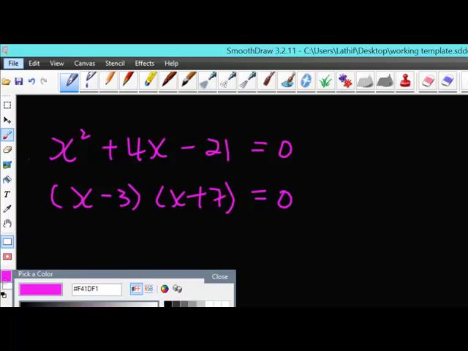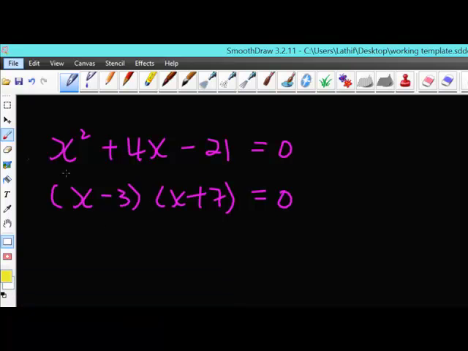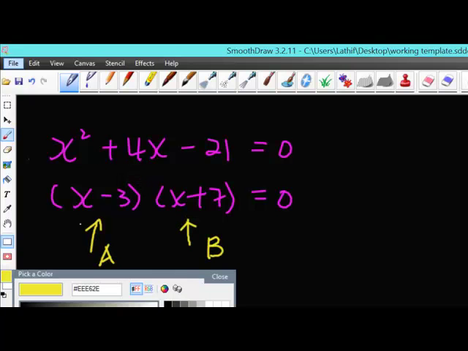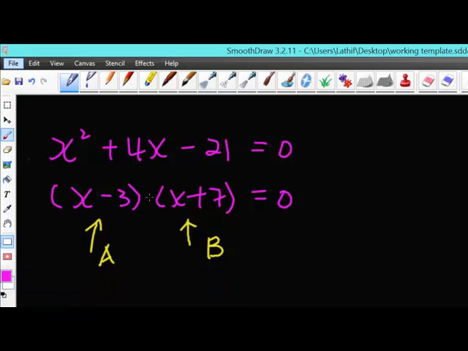And if now we take the zero product rule in here, if we let this be A and we let this be B, what can we say when they multiply together? Either one of them is equivalent to 0 because of the zero product rule, so we can safely write it as x minus 3 equals 0 or x plus 7 equals 0.